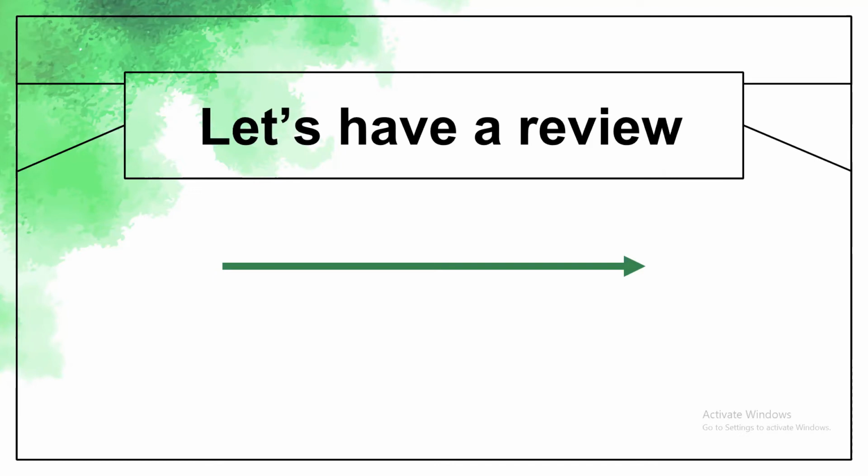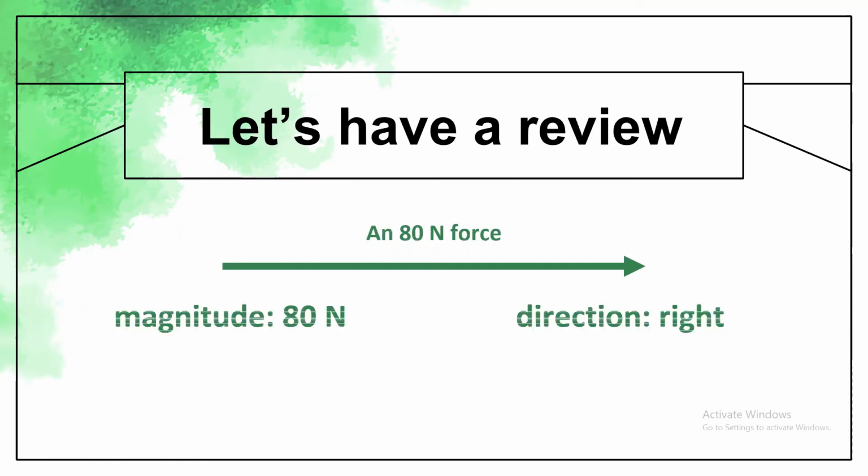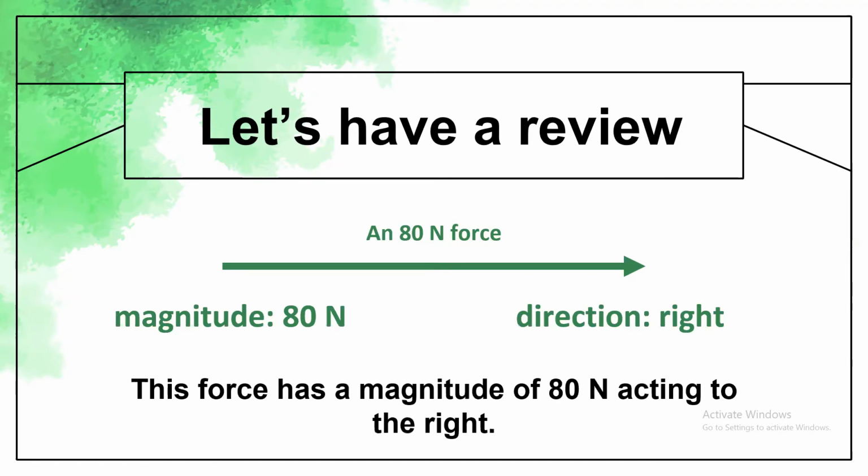If an arrow is short, the magnitude of force is small. Let's say this arrow is an 80 Newton force. The magnitude is 80 Newton and the direction is to the right, since the arrow's head points to the right. So we say this force has a magnitude of 80 Newton acting to the right.